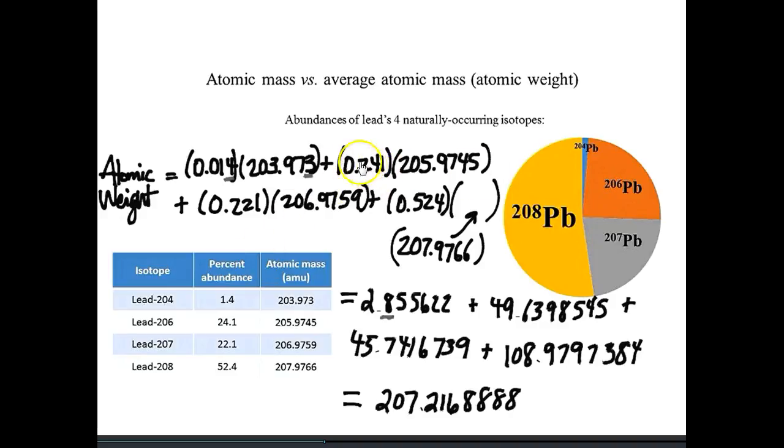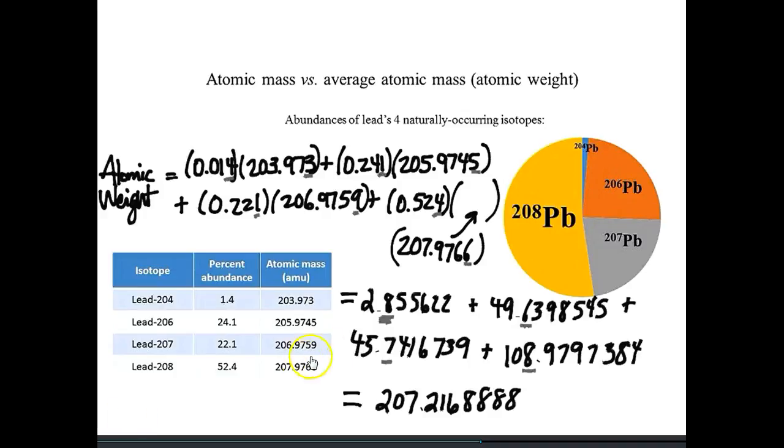This second set, 0.241 has 3, 205.9745 has 1, 2, 3, 4, 7. That's a lot of sig figs. And so this number, 3 sig figs, 7 sig figs means 3. 0.221 has 3. This has a lot, so this has 3. This has 3. This has a lot, which means this one's accurate to 3.